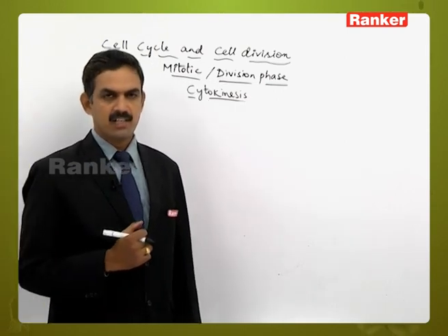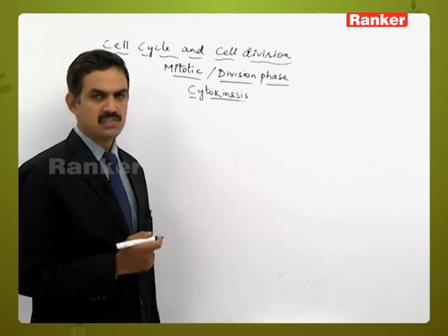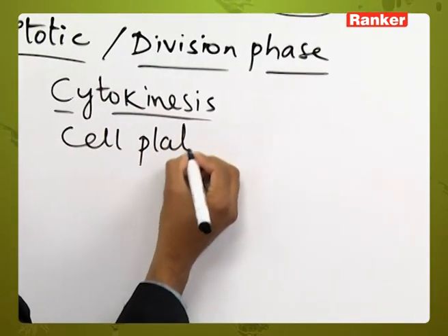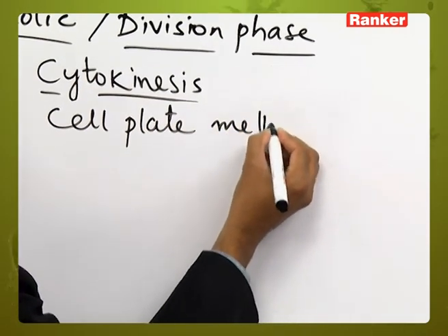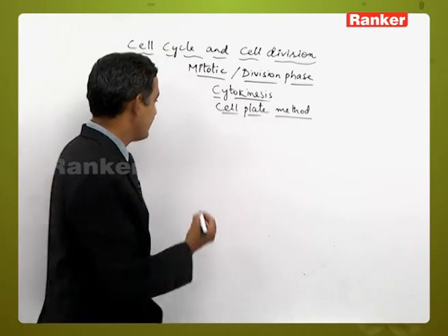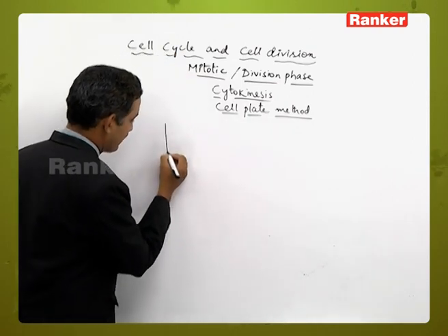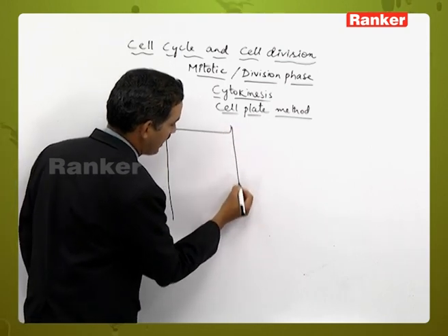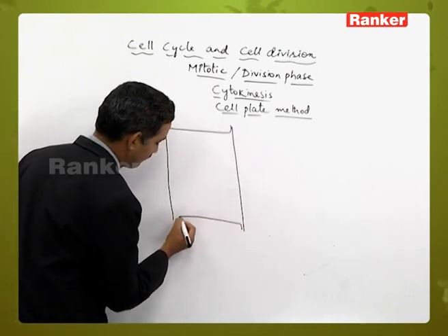And the other method of cytokinesis that occurs in cells is the cell plate method. Here, during the cell plate method, we know that karyokinesis has taken place, so 2 daughter nuclei are present inside the cell.